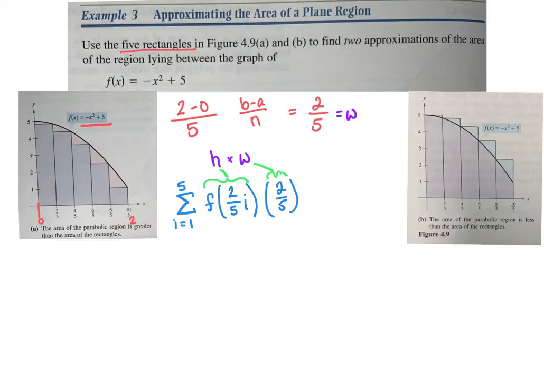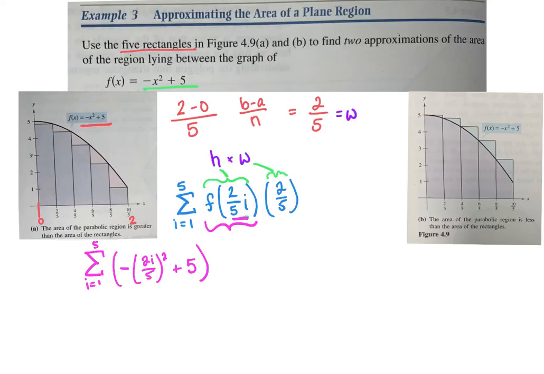All right? Now we actually have to take this and plug it into our function. So I'm going to do the summation from 1 to 5. And now I'm going to say f of this guy. Well, if I'm doing negative x squared, negative, this is my x, (2i over 5) squared plus 5.